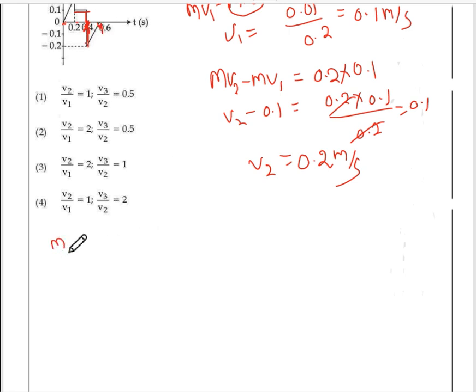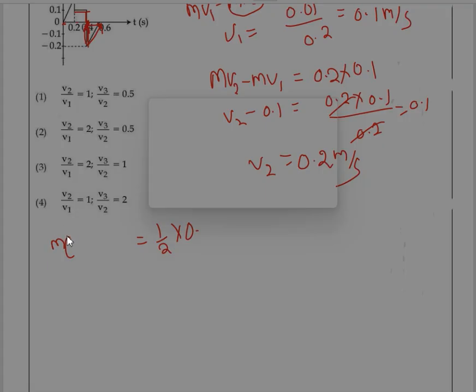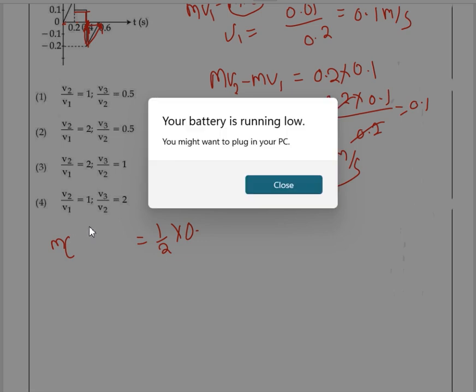A similar case, m v3 minus m v2, is the area under this last triangle.